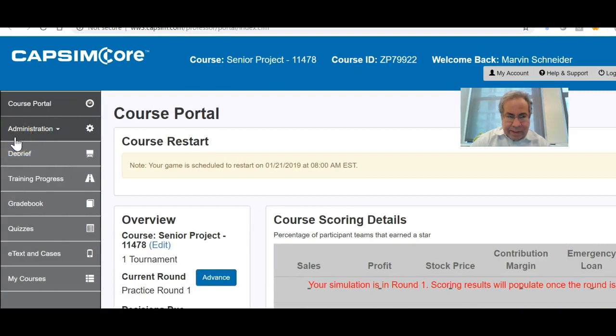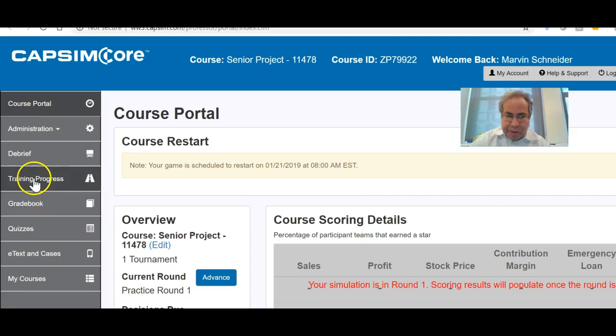Now when you're in there in the CAPSIM, it's very important to go through the training. You'll find it on the left side. Also, I want to point out that mine might look a little bit different than yours because you're the student and I'm the professor. I have administration rights.